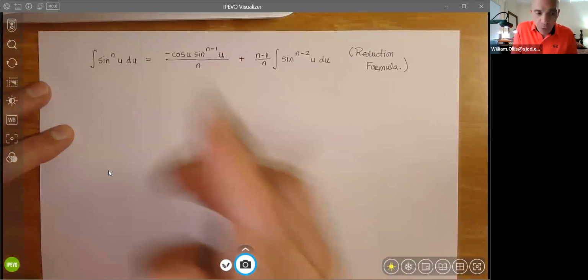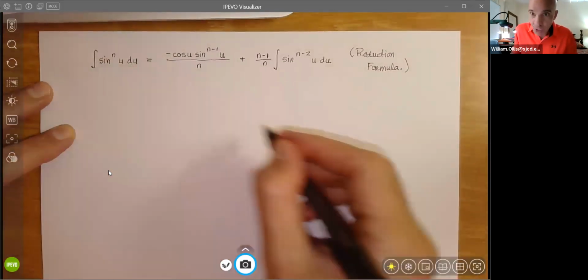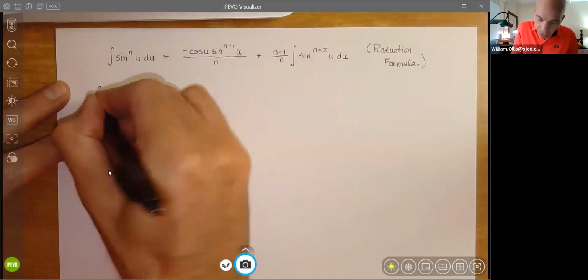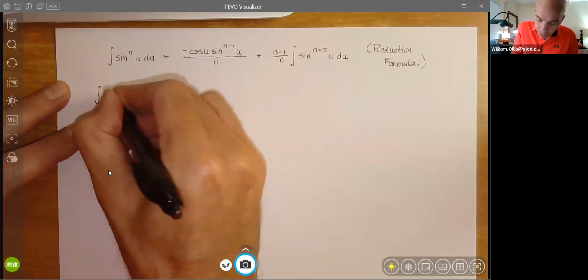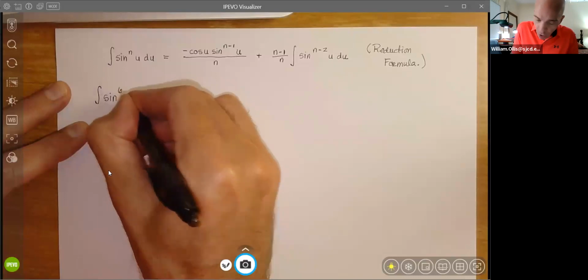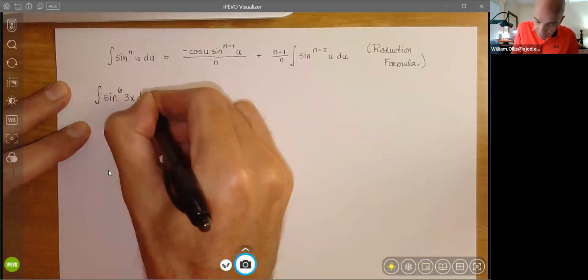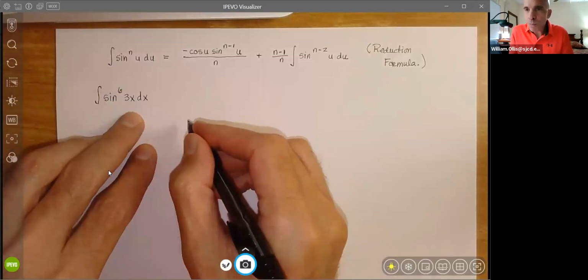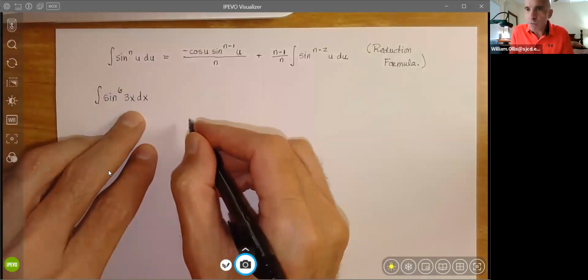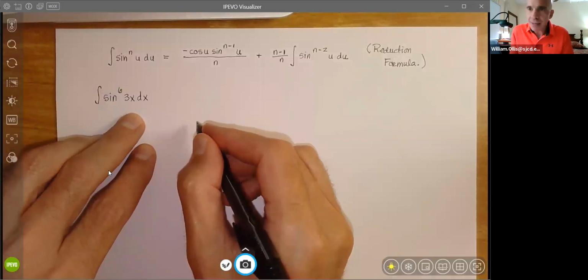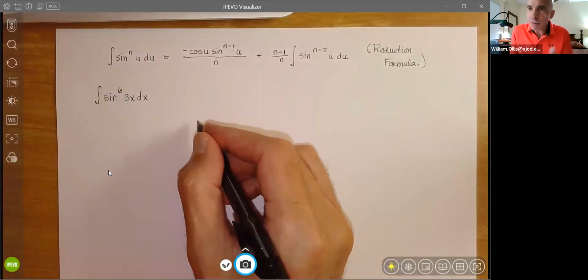So now, if we look at this particular example, let's try this one. Say we have the 6th power of sine with an argument 3x. Now, of course, the way I taught you to do the fourth power was to use the power reducing formulas and then multiply everything out, and work it that way, just reducing to single powers of cosine.